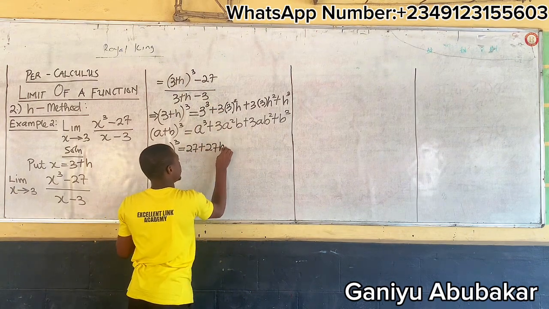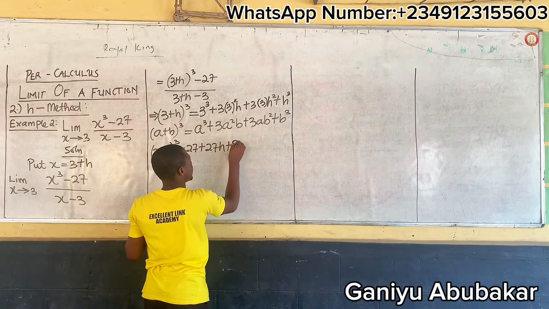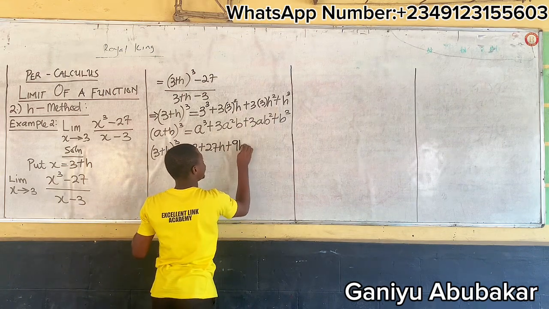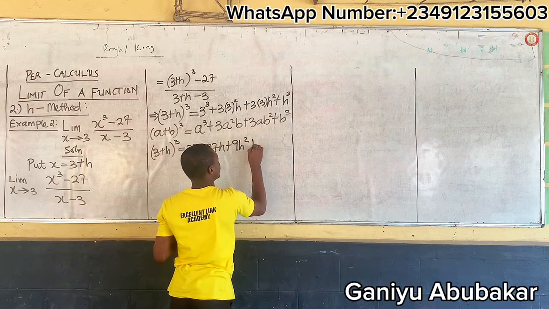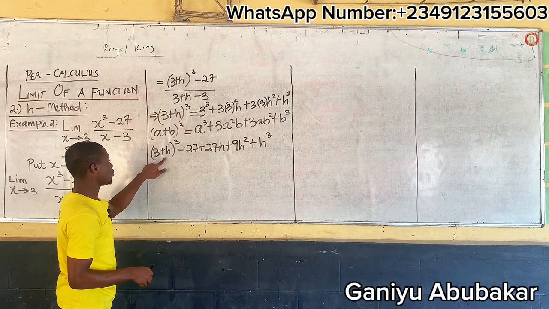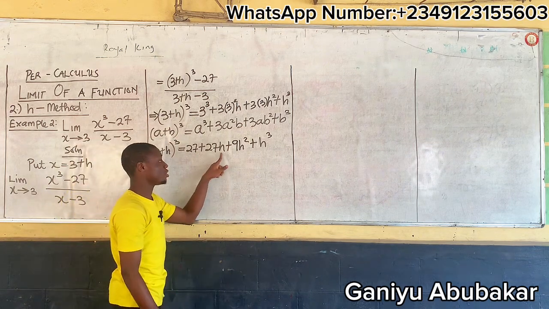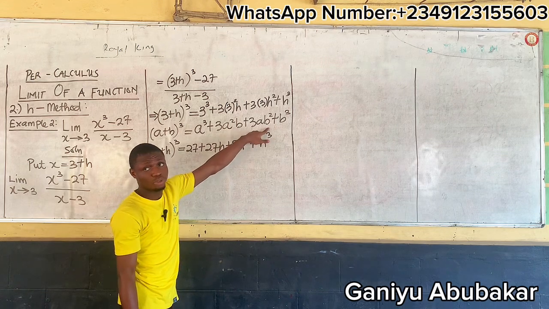This is H, plus this is 3 times 3 is of course 9. I have H squared plus H cube. So on expanding 3 plus H cube, I have 27 plus 27H plus 9H squared plus H cube.